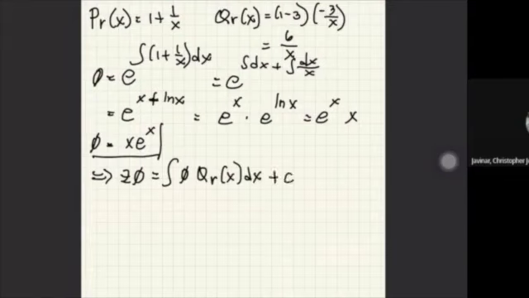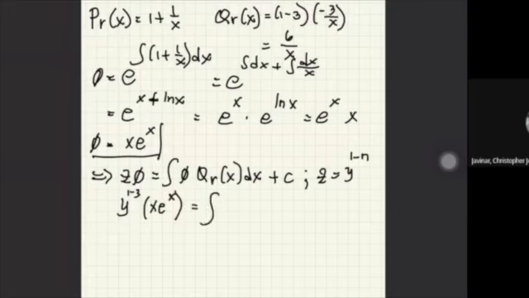So what is our z? Is equal to y raised to 1 minus n. But what is n? N is 3. So replace this with y. We have y 1 minus 3, or that's actually negative 2, times our integrating factor x e to the x equals the integral x e to the x times the QR of x, which is this one.